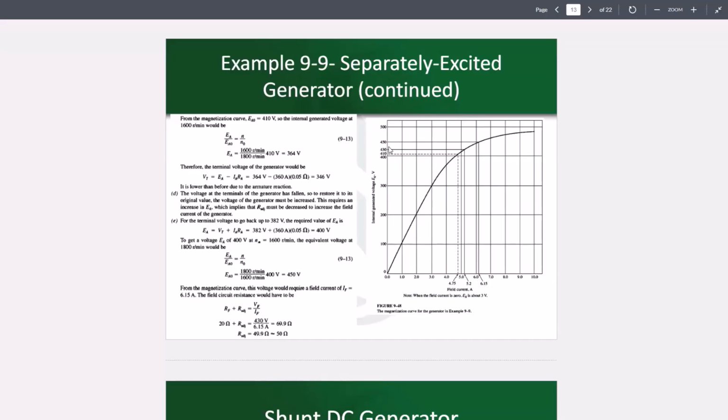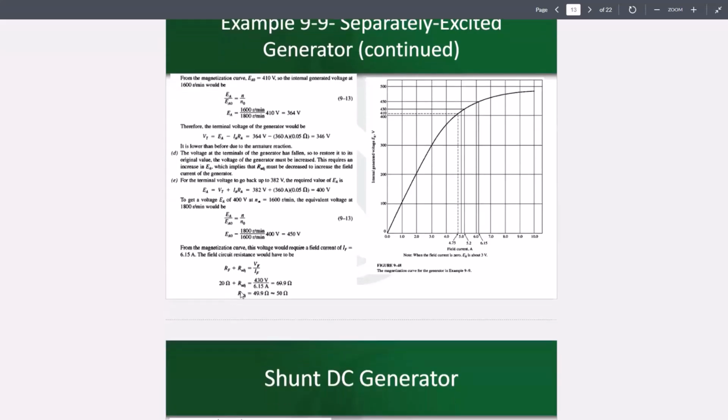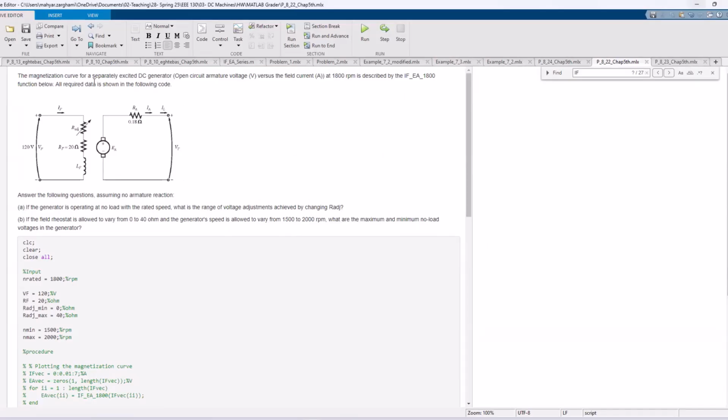So from here, at 450 volts, we would come up with about 615 amps in the field circuit, which gives us an estimation of how much the adjustable resistance should be in the field circuit, which would be around 50 ohms.